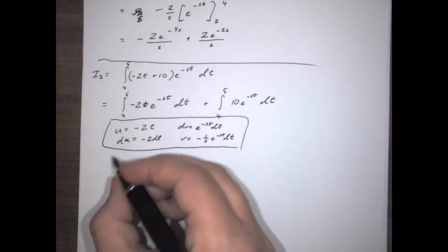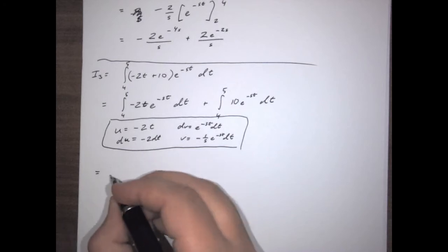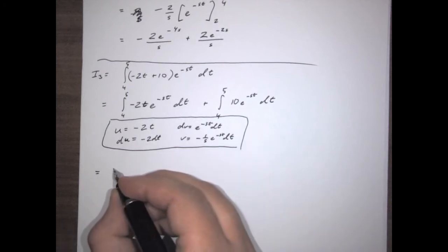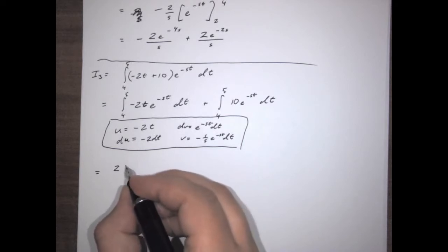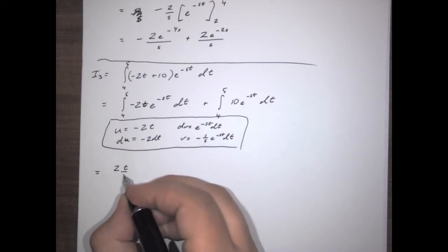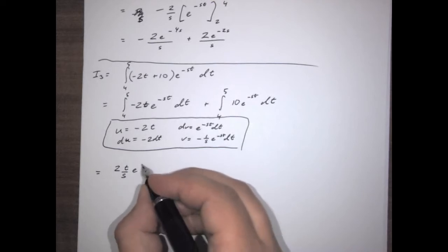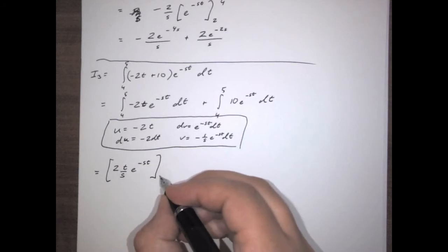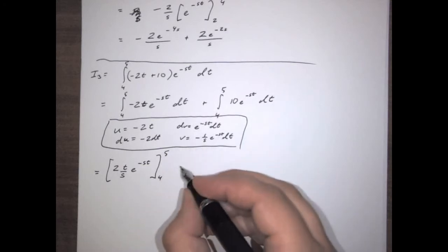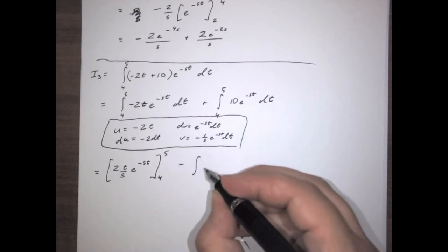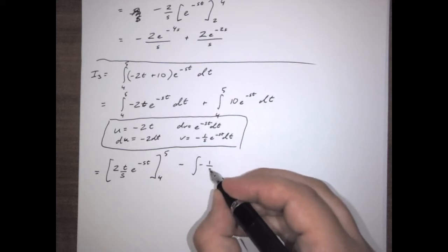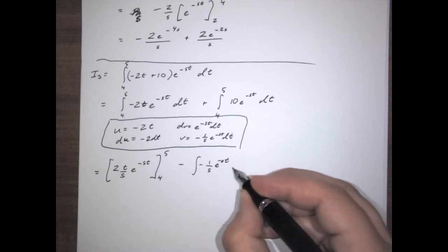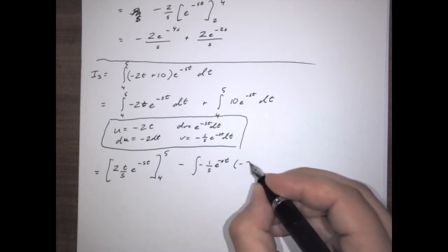And that is going to then lead us to uv. So it's going to become positive 2t over s e to the minus st, and that's going to be going 4 to 5, and it's going to be minus the integral of negative 1 over s e to the negative st times negative 2 dt.